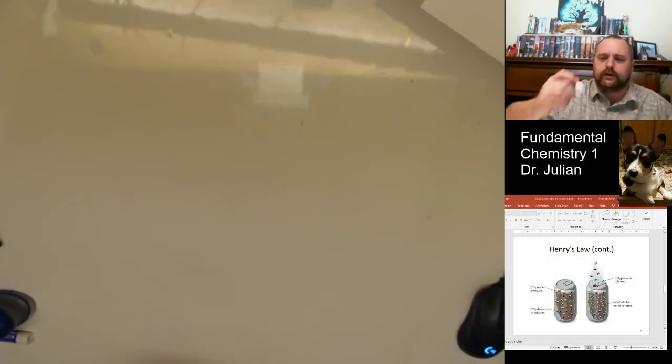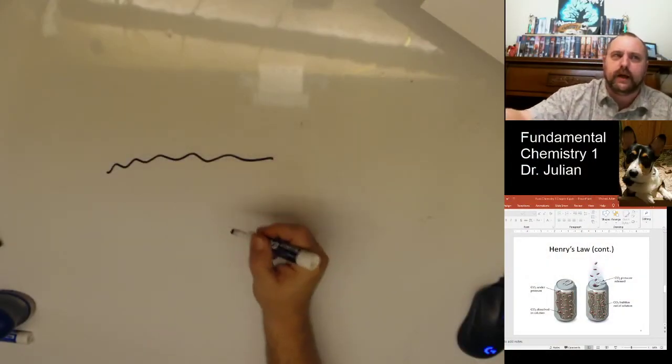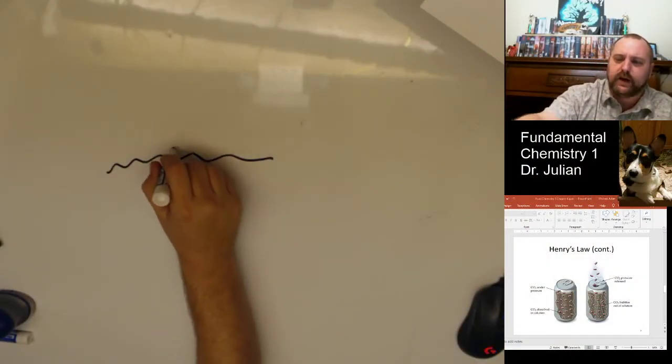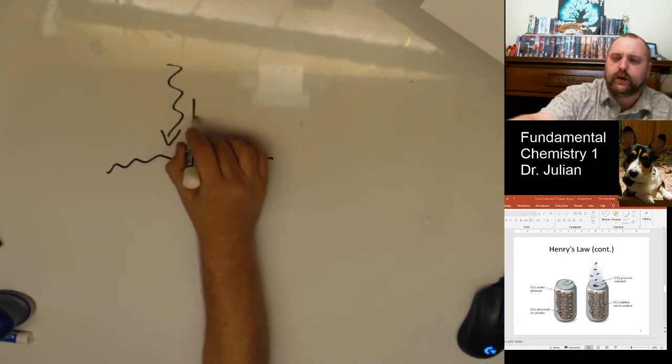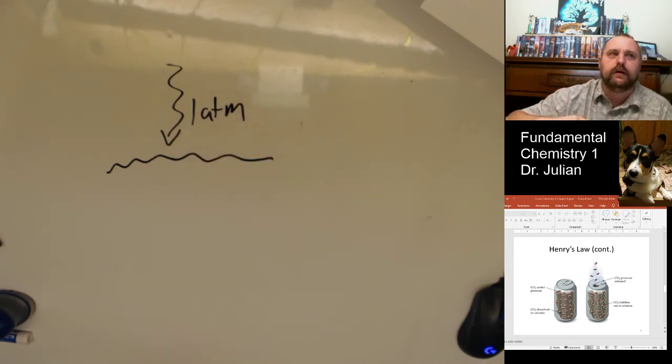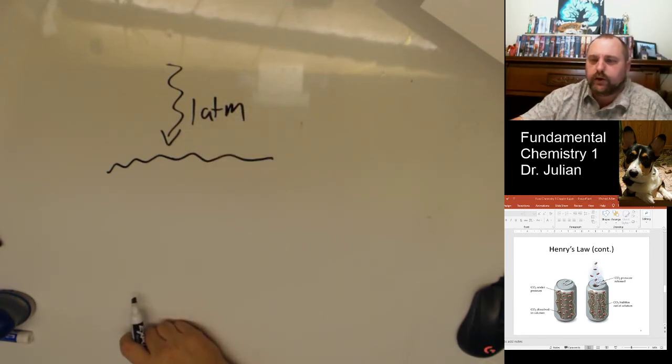Okay. So this also is the reason why we have to worry about scuba divers. When you go scuba diving, let's pick on salt water. So if I'm in salt water, out in the ocean, and I'm sitting here at the surface, I have 1 atmosphere of air pressure above me.